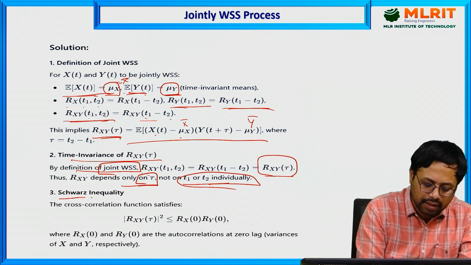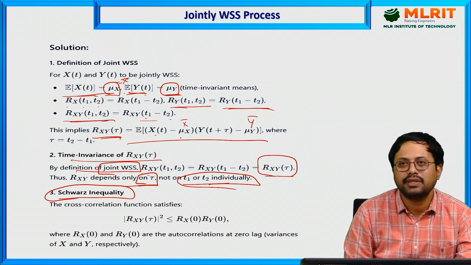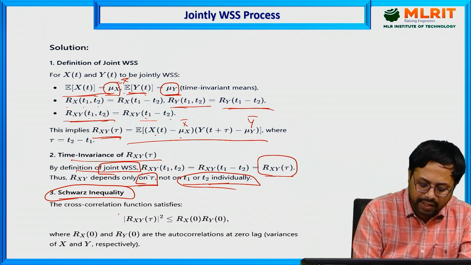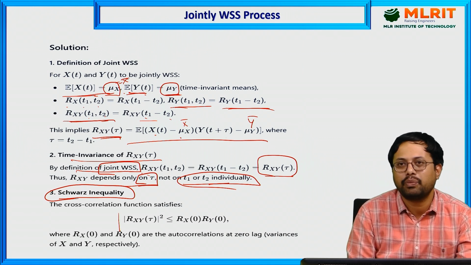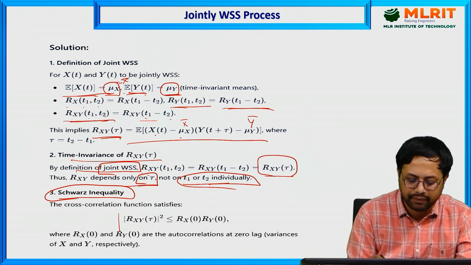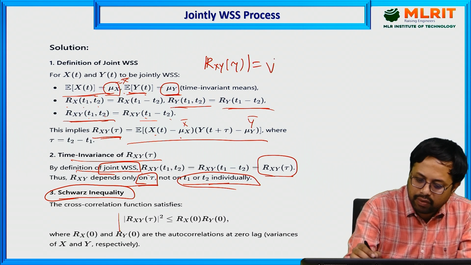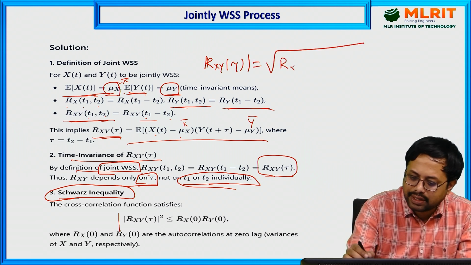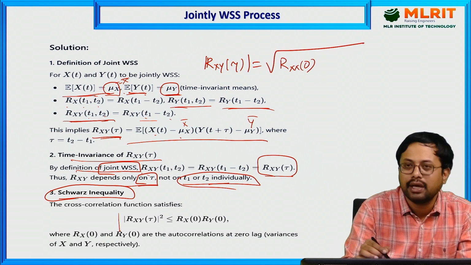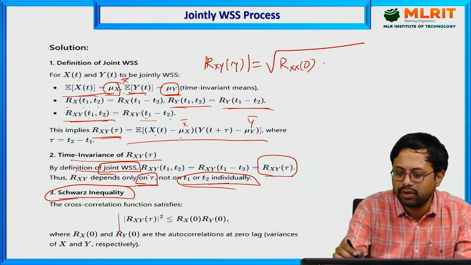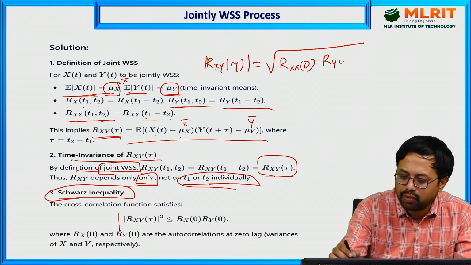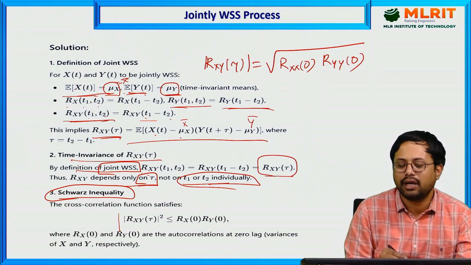Next, what is the inequality condition? We discussed one of the properties of the cross correlation function, which tells that the modulus of Rxy of tau is bounded by the square root of the autocorrelation of x of t at tau equal to 0, times the autocorrelation of y of t at tau equal to 0.